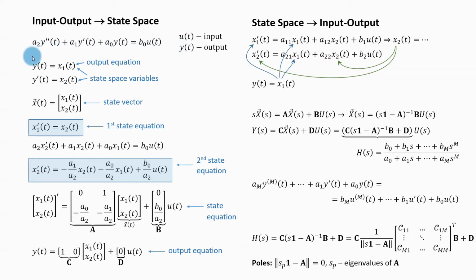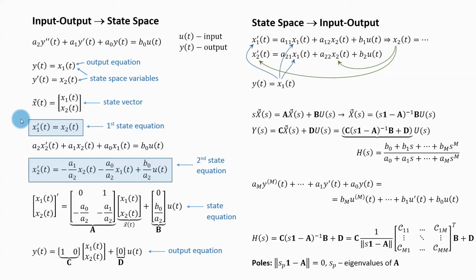Now, I will denote y of t as my first state variable, and I will denote the derivative of y of t as my second state variable. And these two will give me my state vector. Moreover, when I substitute this equation into this one, I will get this expression, which I can use as the first state equation.